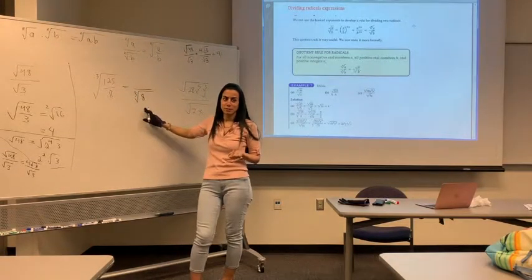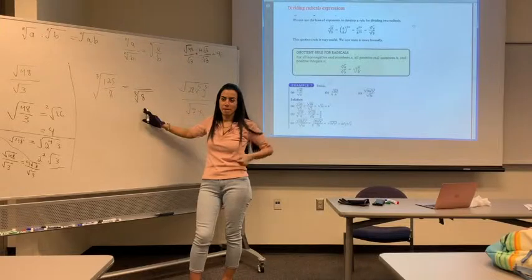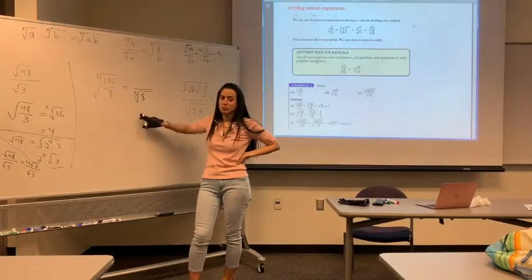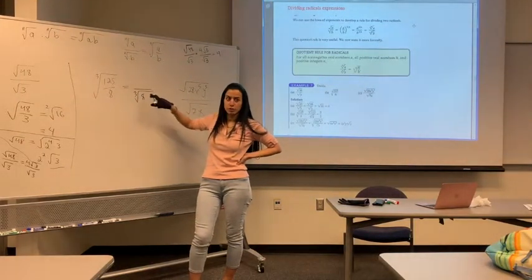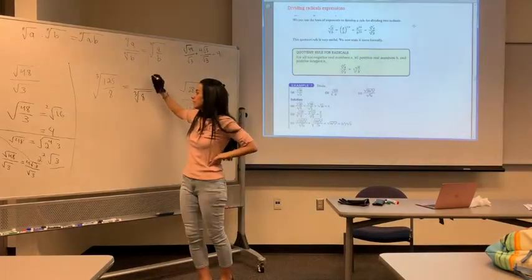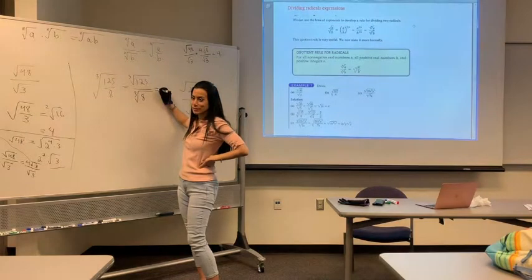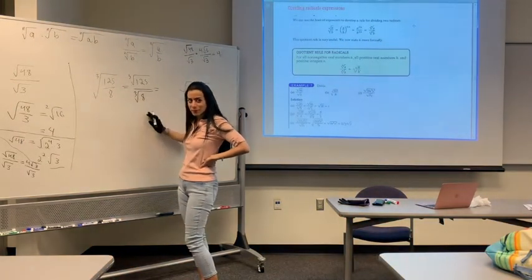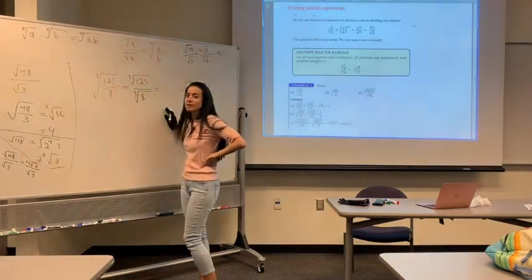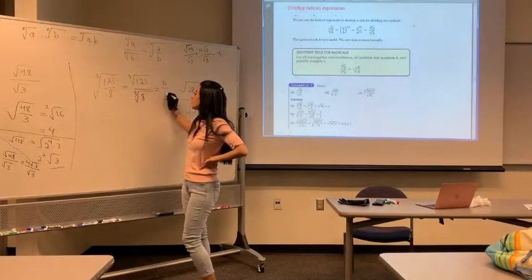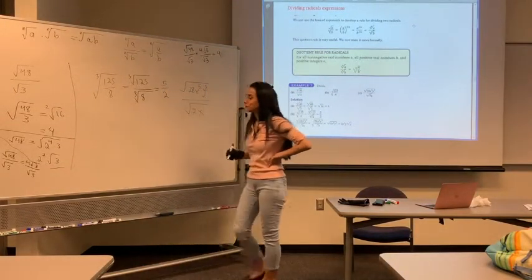What is this? 2, correct? Because this one is 2 power 3. 3 and 3 cancel, 2 comes out, because this is 2 multiplied by 2 multiplied by 2. And then radical 125 with index 3 is also easy. 5 multiplied by 5 multiplied by 5, correct? So we have 5 divided by 2.